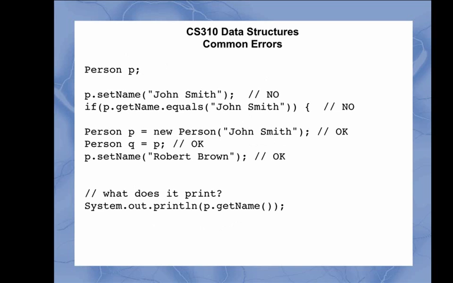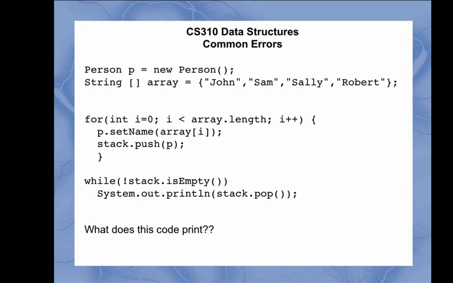The next one I want to look at here is using a data structure stack, and this is something you would use in your own program. This is not the system stack, but rather the data structure stack. So we have person P equals new person, we have the variable on the stack, and we have the actual instance of person on the heap.